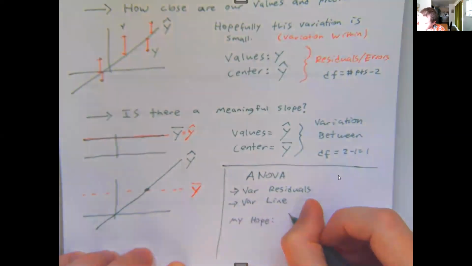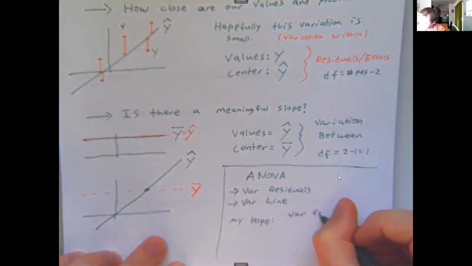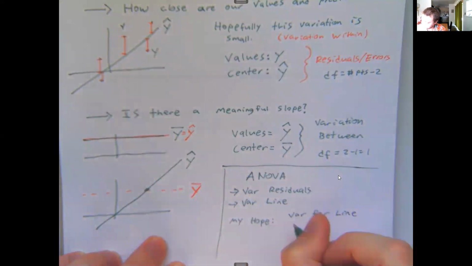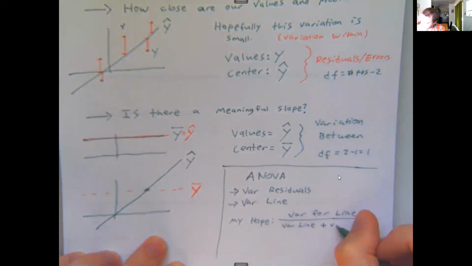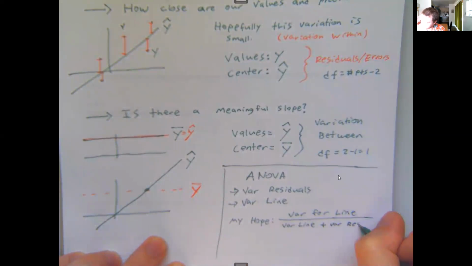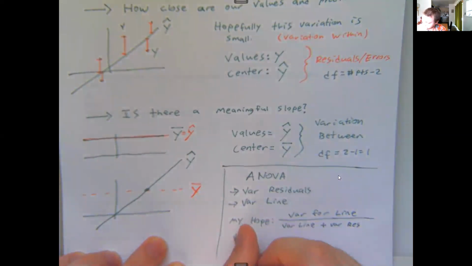So my hope is that if I look at the variation from the line, and I divide this by the total variation, the variation from both the line and the variation from the residual, that this is a large number.